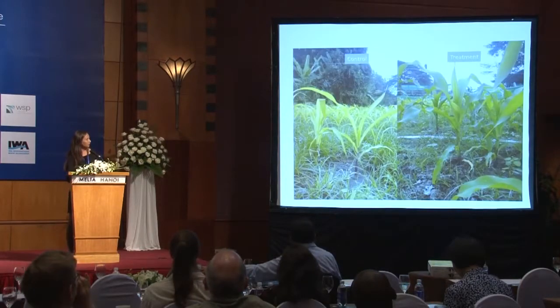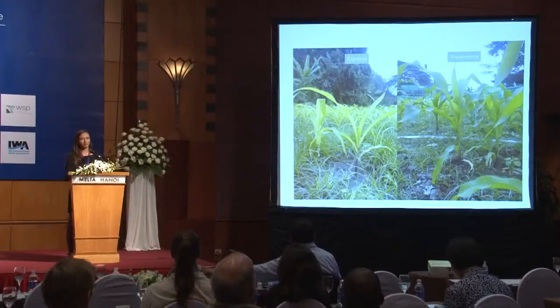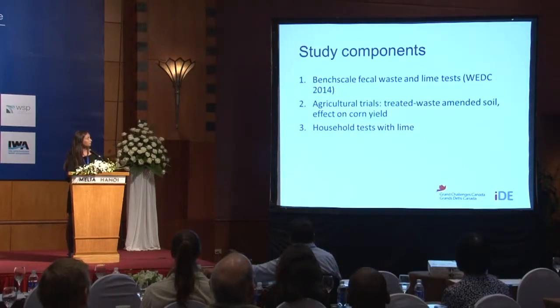So basically we're looking at things like the width of the leaves, the coloration of the leaves, the height of the plants, and so on. And then later on in the growth cycle, we'll be looking at the number of tassels, how long it took for tassels to start to appear, and the actual yield of the corn. It does look like the treatment is doing quite a bit better.